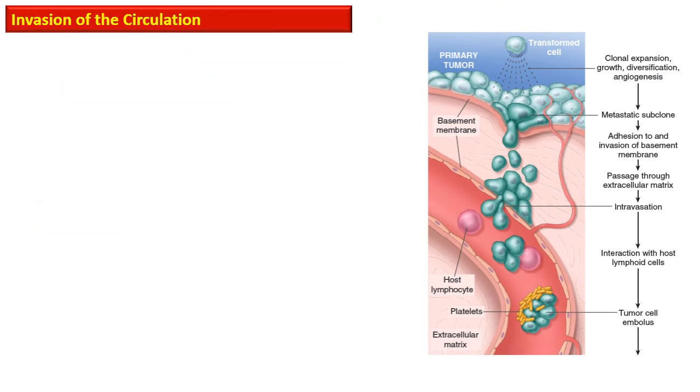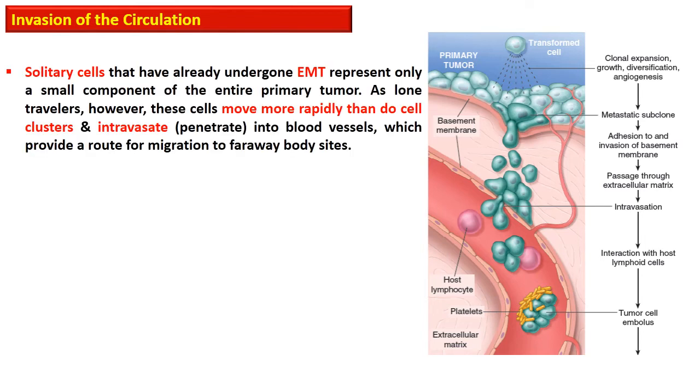Now the tumor has invaded the surrounding tissue, and it should now get access to a lymphatic or vascular channel. To invade the circulation, the tumor cell needs to pass through the wall of the vascular or lymphatic channel. These tumor cells can be in two forms: the solitary tumor cells and the clusters or clumps of tumor cells.